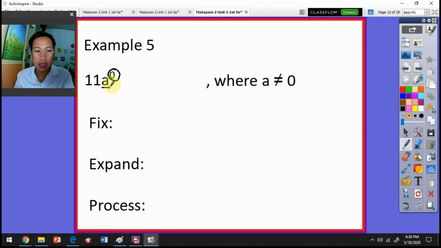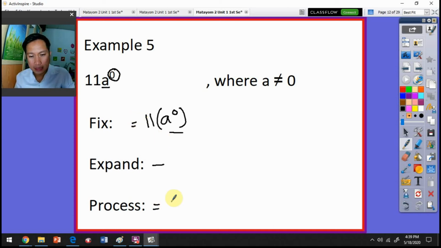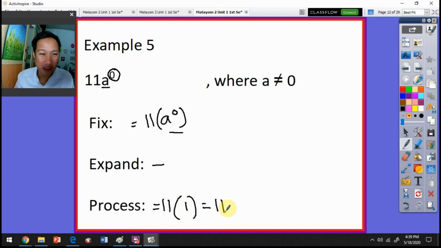So what we will do is separate a to the power of 0 and 11. If you're going to simplify this, we don't need to expand it out. Our answer is 11 times 1 equals 11. Very tricky, right?